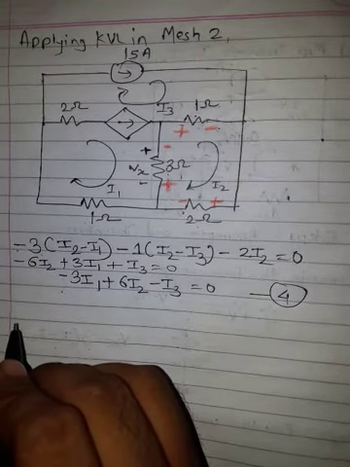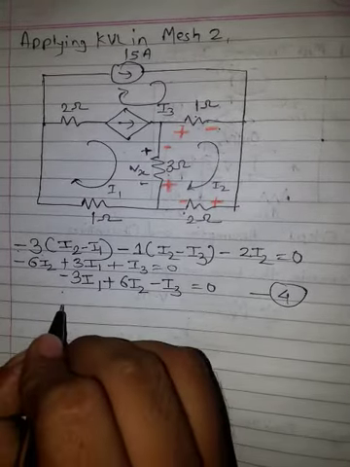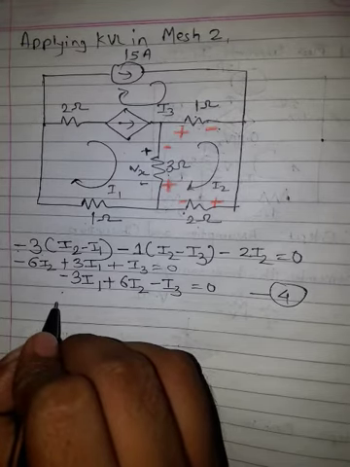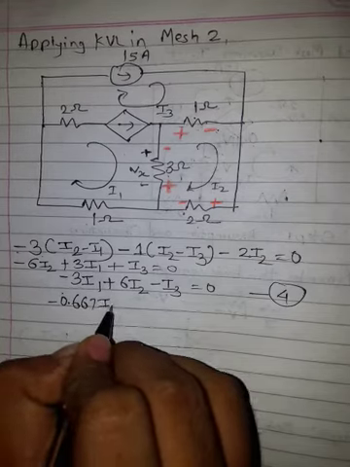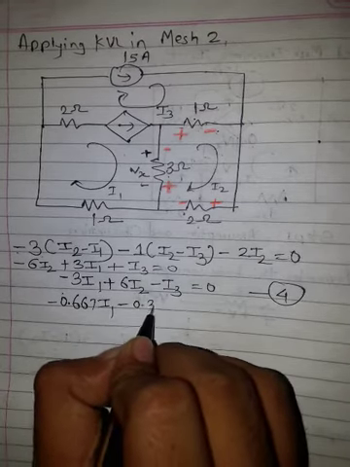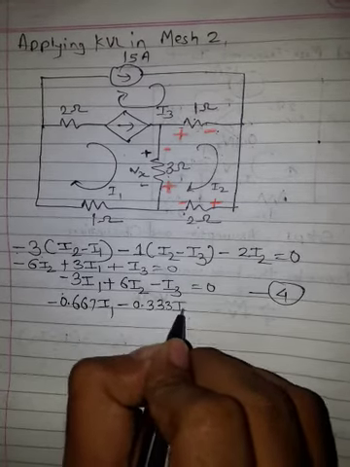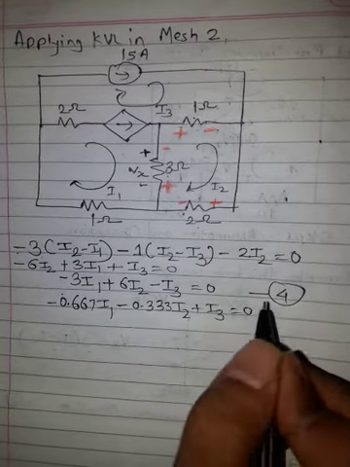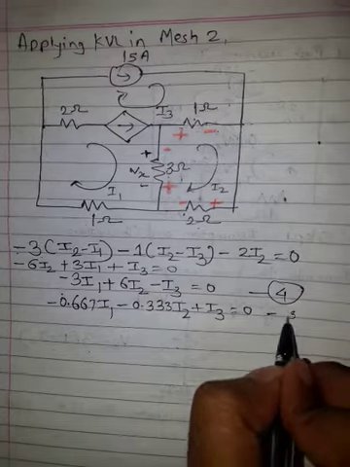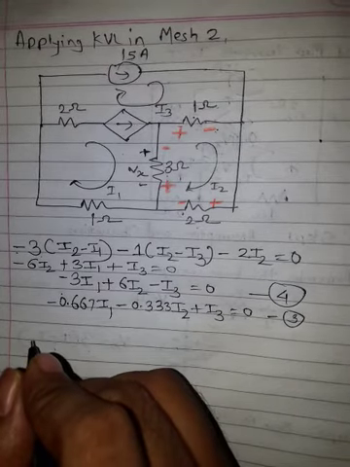So the third equation, I am rewriting this equation for you, is minus 0.667 I1 minus 0.333 I2 plus I3 equal to 0. This is equation number 3.